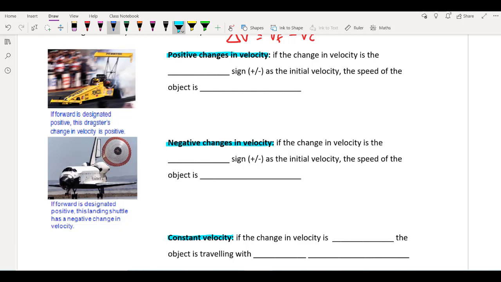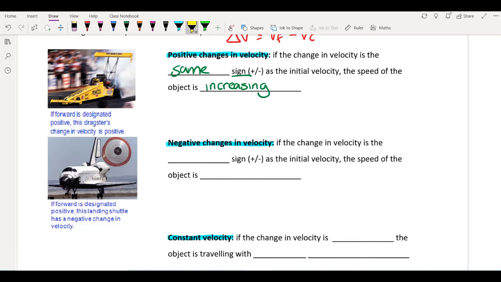So a positive change in velocity is if the change in velocity is the same sign as the initial velocity and the speed of the object is increasing, right? It makes sense that positive change is related to an object speeding up.